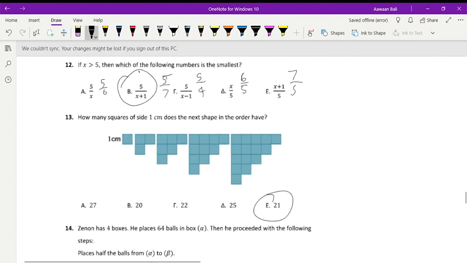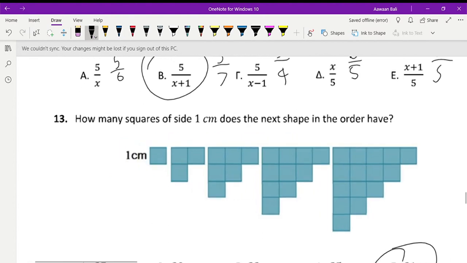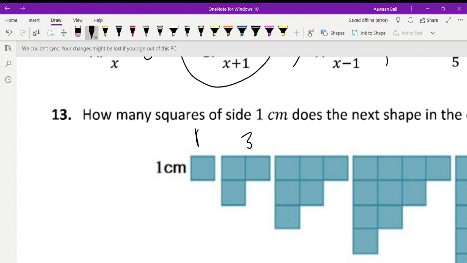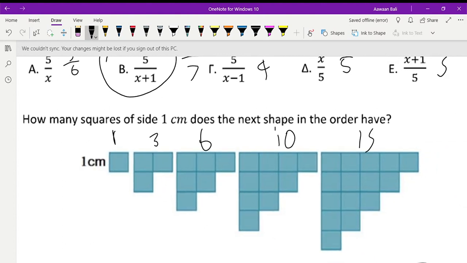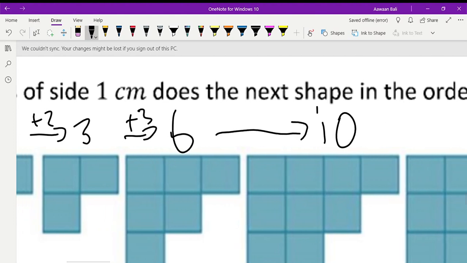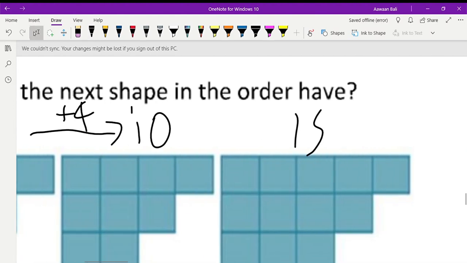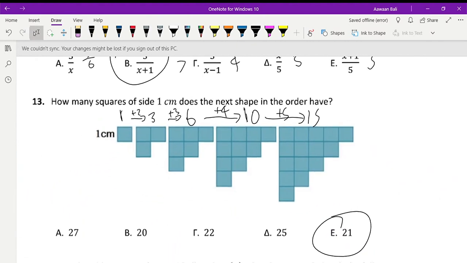Okay. How many squares of side 1 centimeter does the next shape in the order have? You have 1, 3, then 6, then 10, then 15. Now look at the difference. First it's plus 2, then it's plus 3, then it's plus 4, then it's plus 5. So the difference is not fixed, like an arithmetic sequence.